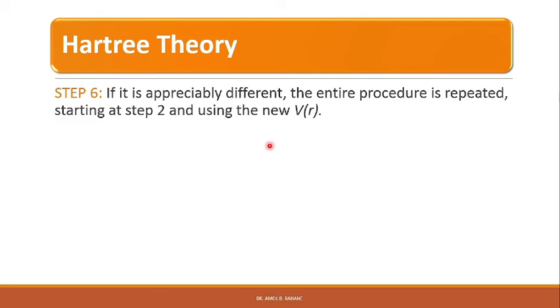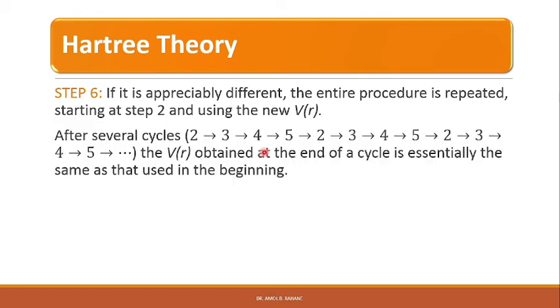If they are not equal, we repeat the several cycles from 2 to 3, 3 to 4, 4 to 5, again 2 to 3, 3 to 4, 4 to 5, right? So the V of r obtained at the end of the cycle is essentially the same as that we used in the beginning. We started with some potential, and from that potential, in a number of steps, we calculated some potential, right?